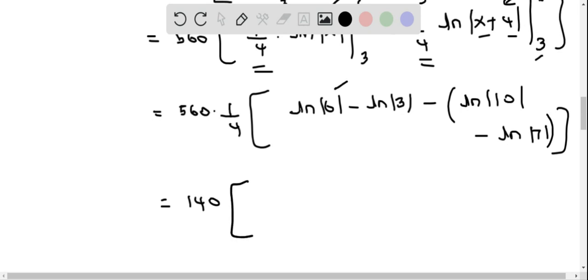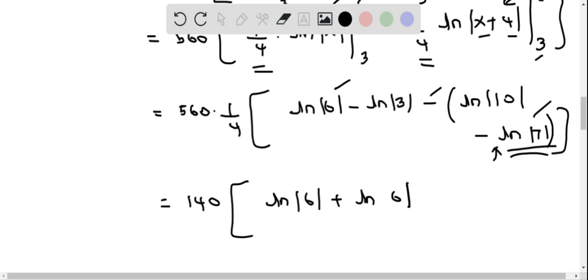This one is natural logarithm of 6. And here we have this positive natural logarithm of 7, because we have a negative. When we distribute this negative with this negative, this will be positive. So I'm going to write the positive natural logarithm, that is natural logarithm of 6 plus natural logarithm of 7. And then write the negative natural logarithm, that is negative natural logarithm of 3 minus negative natural logarithm of 10.